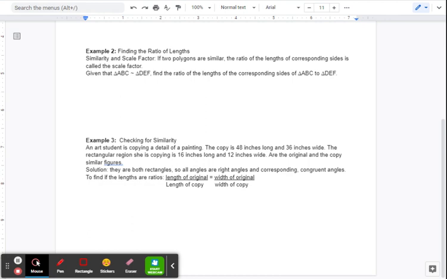AB goes with DE, and that's 12. This is how we're going to find our ratio. What do you think I need to do to 16/12? A ratio we want to leave as a fraction, but what do I have to do to that fraction? Oh, I know. Anthony?